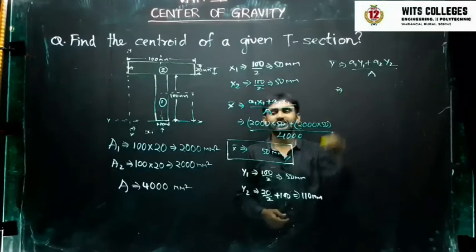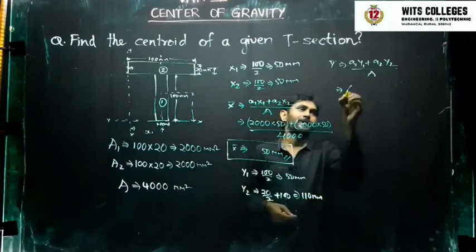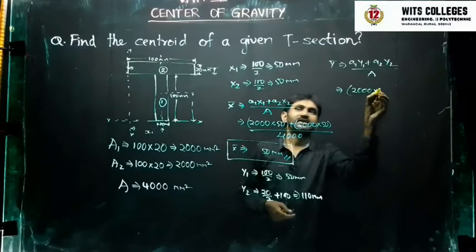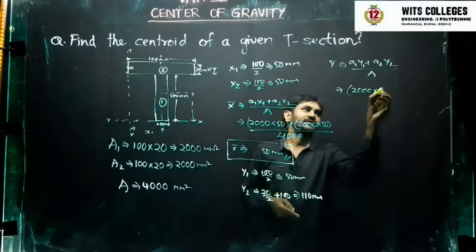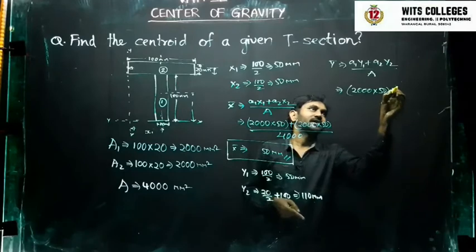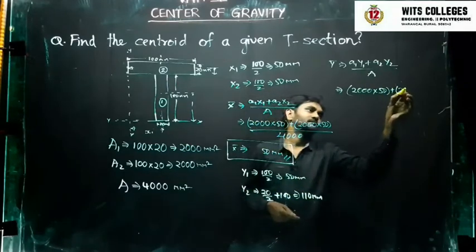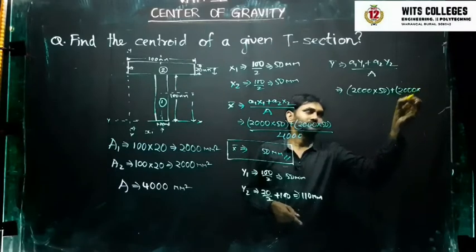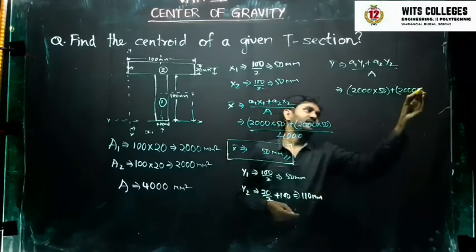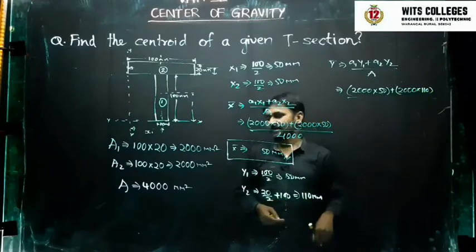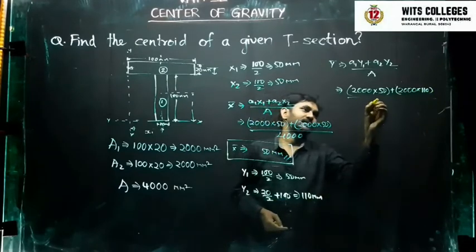What is a1 here? It is 2000 into y1, which is 50, no? Yes, it is 50, plus a2, which is the same 2000, into y2, which is 110, divided by capital A, which is 4000.